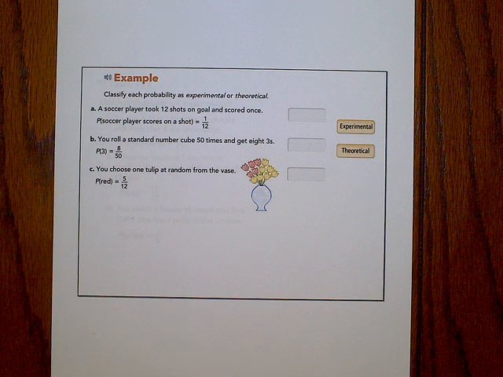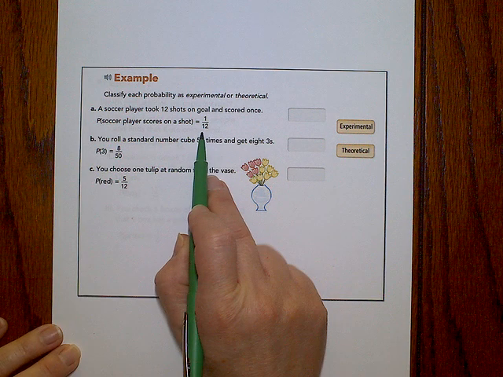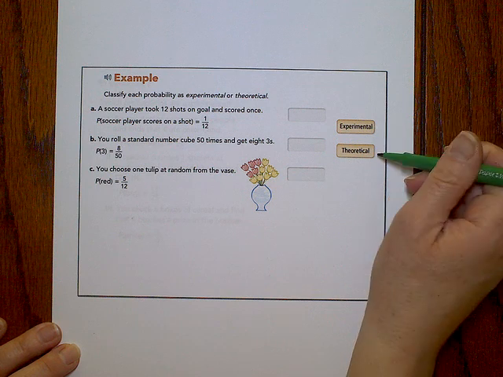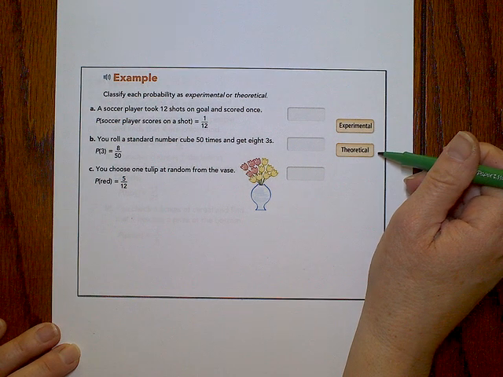Question A says a soccer player took 12 shots on goal and scored once. So the probability that a soccer player scores on a shot is 1 out of 12. We have to think, is this 1 out of 12 what happened when they really kicked the soccer ball? Or is that what should have happened before they kicked the ball?